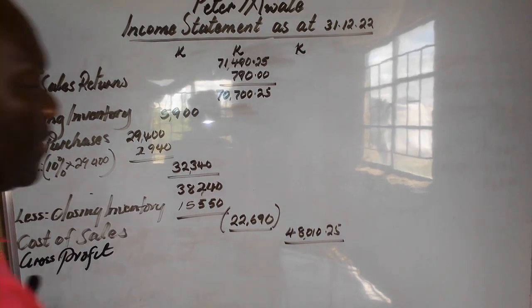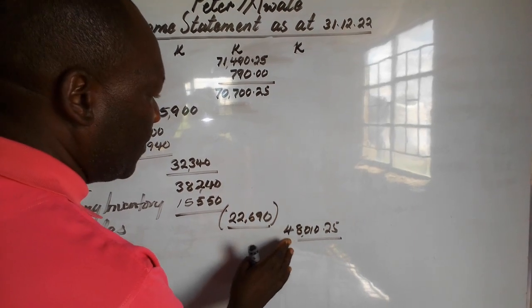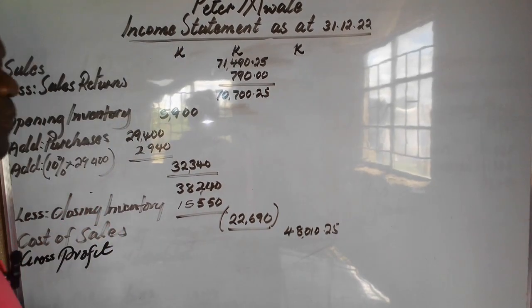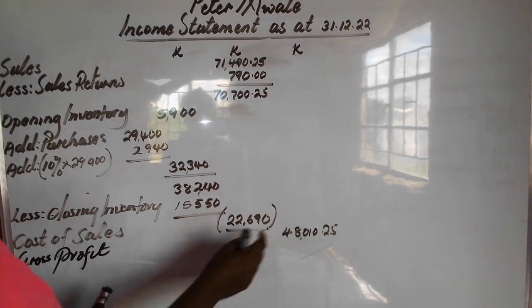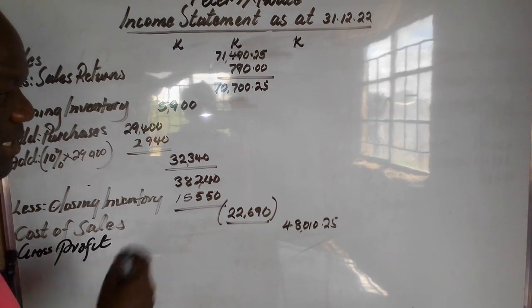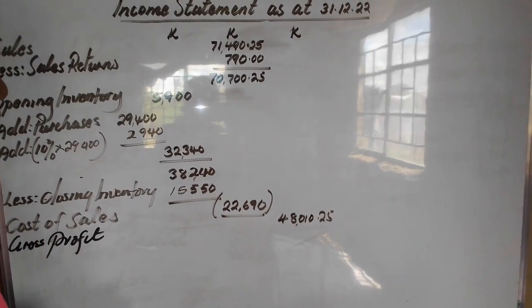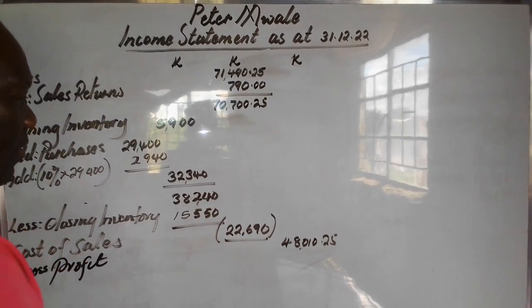Okay, this is our gross profit. Our gross profit has two areas that must be worked on. If you have any gains, for instance discount received or commission received, they impact directly on the gross profit.